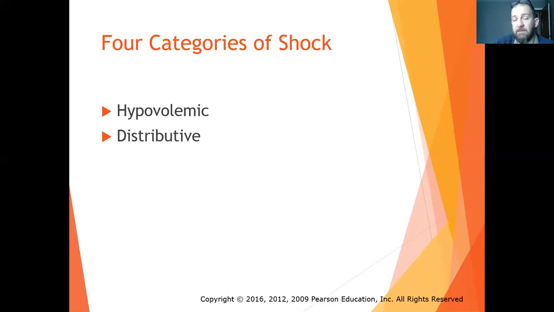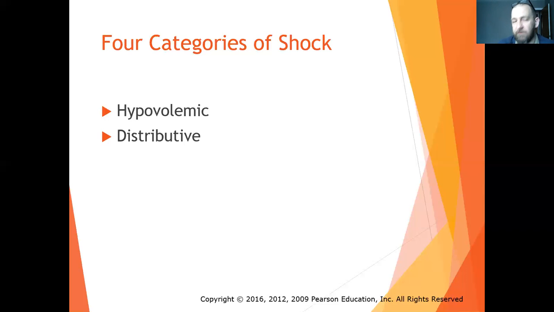Distributive shock. This shock is concerned with blood vessels, right? Blood vessels basically distribute the oxygen throughout the body, and they take all the waste products and bring them back to the heart and lungs to be gotten off board there.